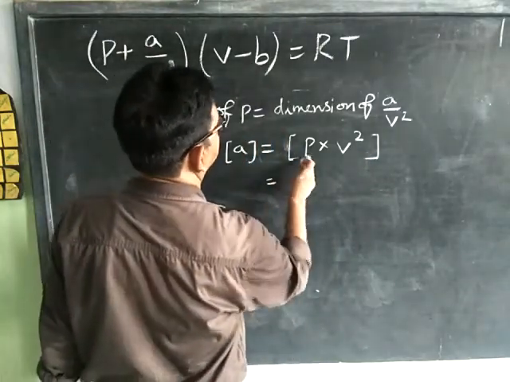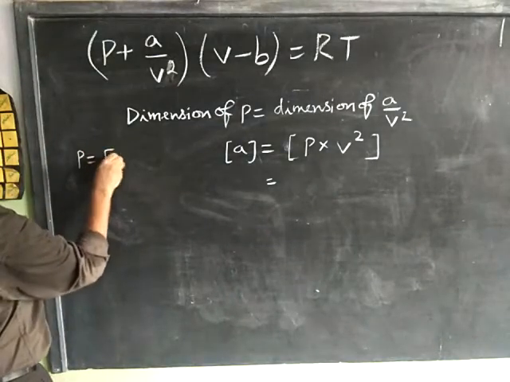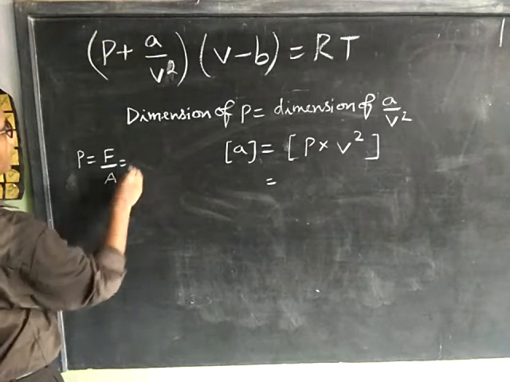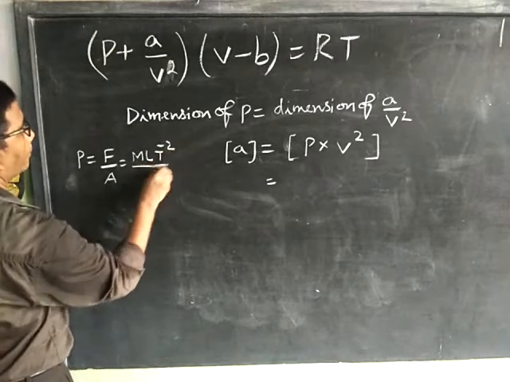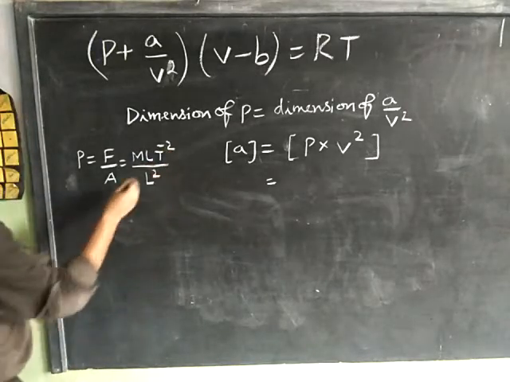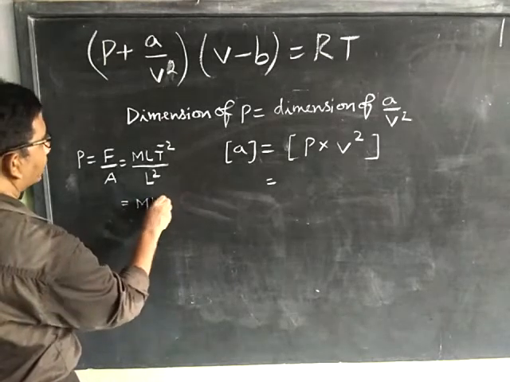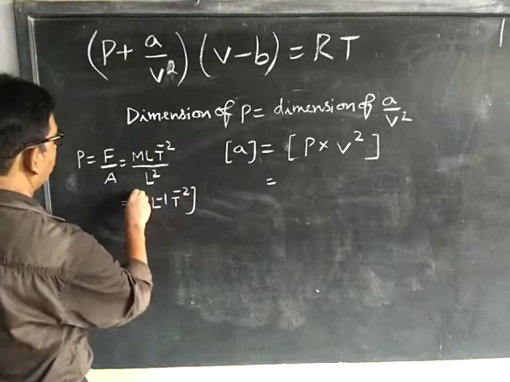Now we know pressure is equal to force upon area. Dimension of pressure is M L T power minus 2 upon area L square, which becomes M L power minus 1 T power minus 2.